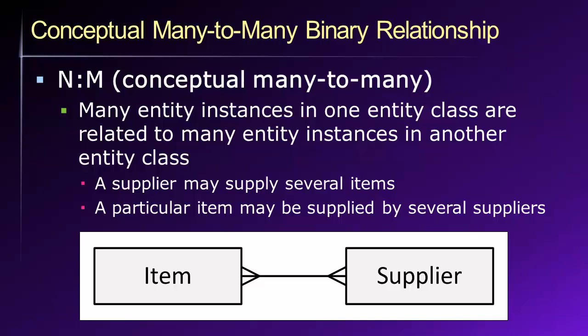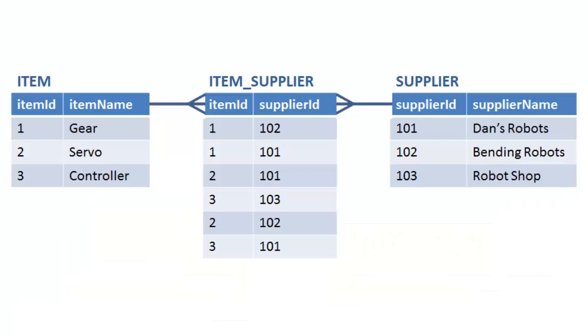We must always have a third entity or a third table which will sit between them, which acts as a lookup table and provides us with the ability to actually link many instances of one entity with many instances of another.